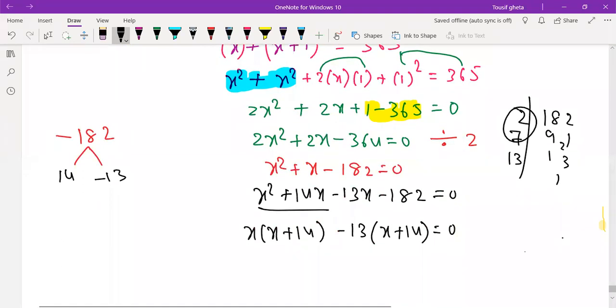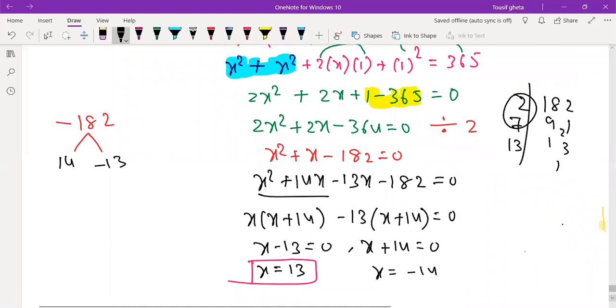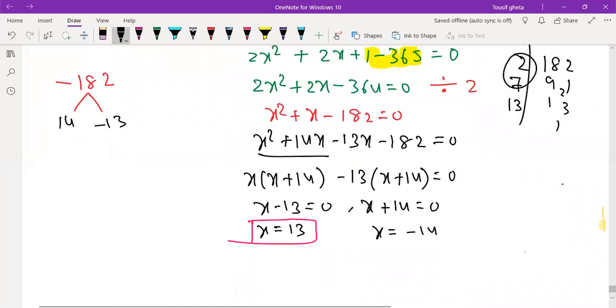So we will get x minus 13 equals 0, so x equals 13. This positive answer will be there always. Another one, x plus 14 equals 0, x equals minus 14. Done. So what did they ask to find? They asked for two consecutive integers.